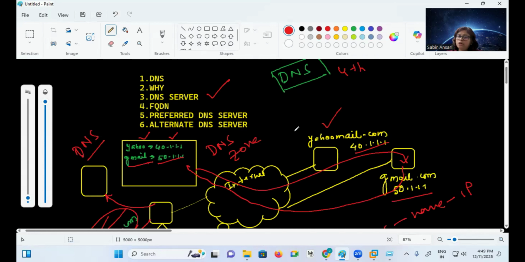So DNS works as a very good mediator. And remember, it is a very important server in internet, because the persons who are working over there are mostly non-technical, who do not have an idea about the IP address, and they access the internet like that only. They only go for the name.